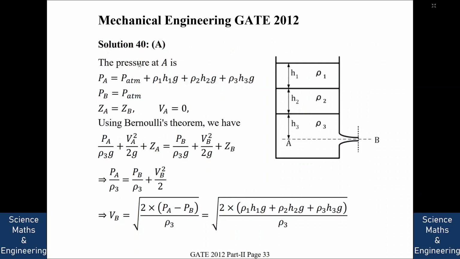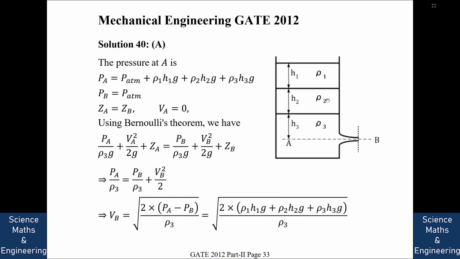So the pressure at this point A is how much? The pressure would be atmospheric pressure plus rho 1 into g into H1. This is exerting rho 1 g H1 at this interface.